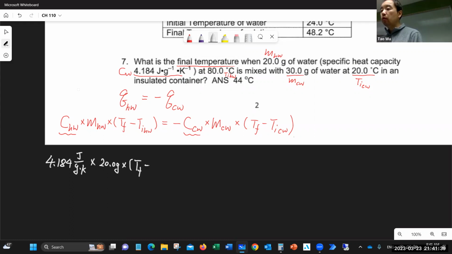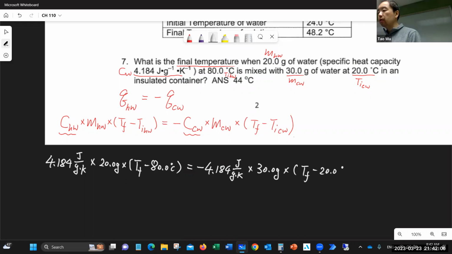The initial of hot water is 80.0 Celsius. This is equal to negative specific heat, still 4.184 joule per gram per Kelvin, times the mass of cold water, which is 30.0 gram, times the final temperature subtract the initial, which is 20.0 Celsius.